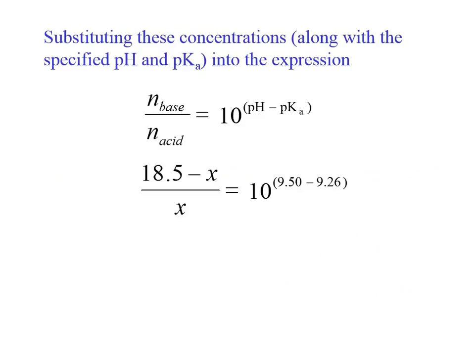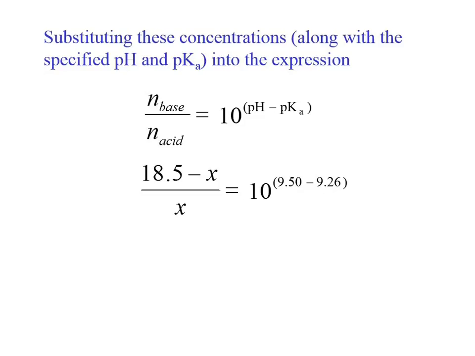This is your Henderson-Hasselbalch equation for buffered solutions. The moles of base is that 18.5 minus X. The moles of its conjugate acid is X, that's the NH4+, equal to 10 raised to the pH minus the pKa. So 10 raised to the 9.50, your target pH, minus 9.26, the pKa of ammonium.